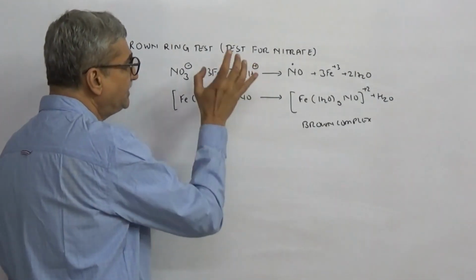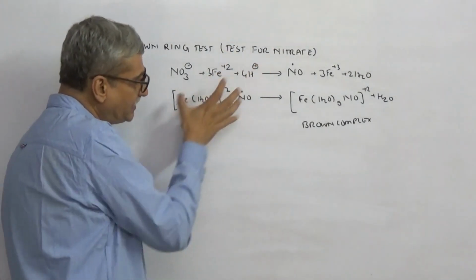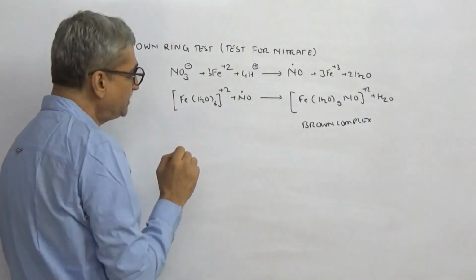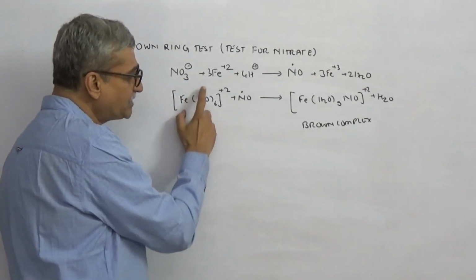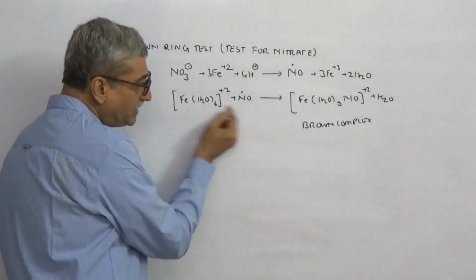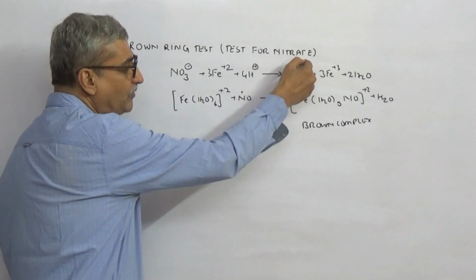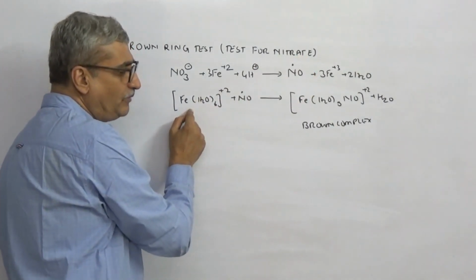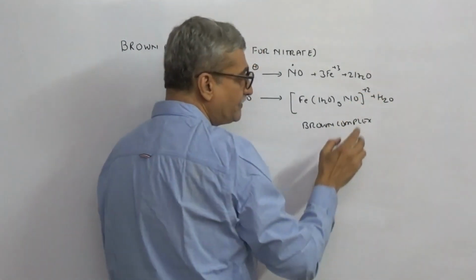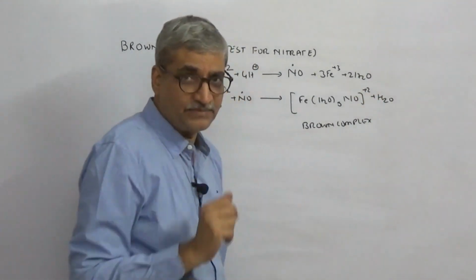In the acidic medium, the remaining freshly prepared ferrous sulfate is basically [Fe(H2O)6]SO4. Now this nitric oxide formed over here gets added and we get [Fe(H2O)5NO]2+. This is the brown ring complex.